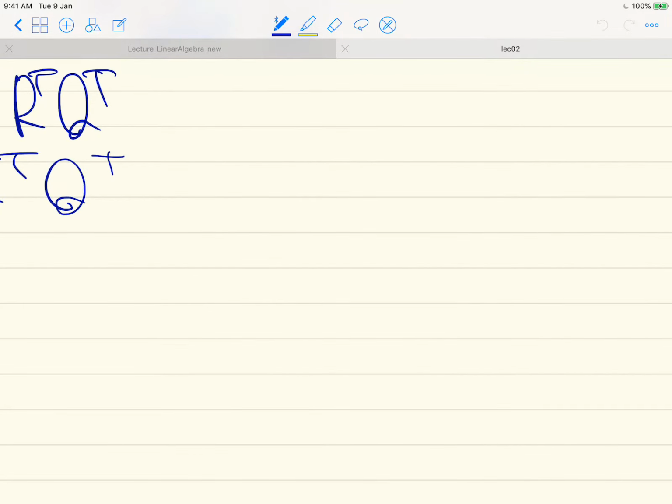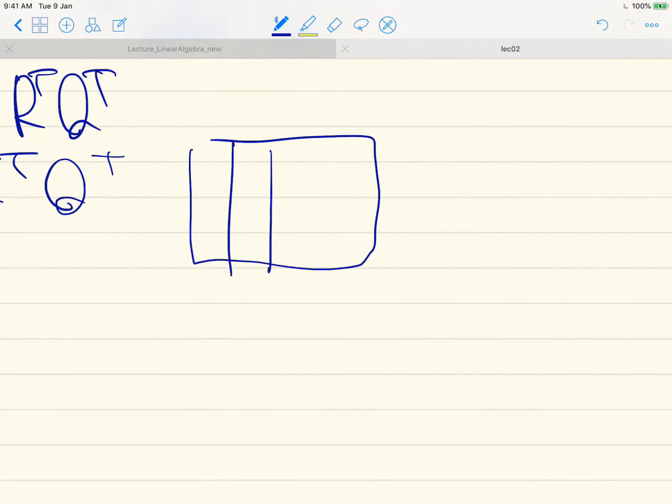So for example, in this 3x4 case, we can definitely say that this matrix will have linearly dependent vectors, right? Because we have 4 vectors in 3-dimensional space.